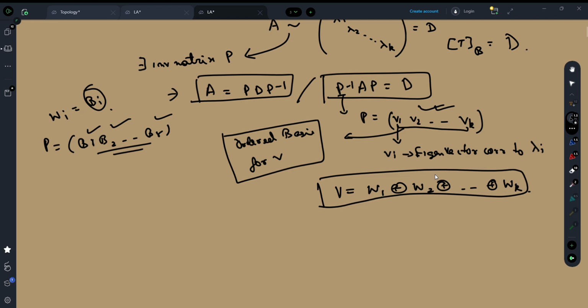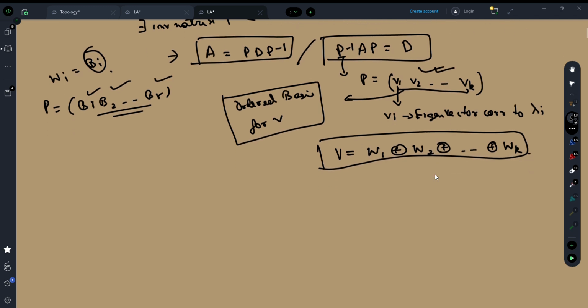Now the point is, when is a matrix or a linear operator defined on a finite dimensional vector space not diagonalizable?